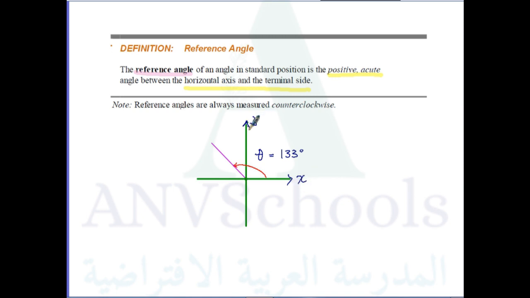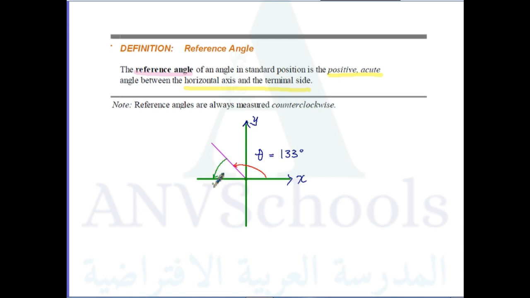So the reference angle is the positive acute angle. Remember that an angle is positive if it starts from the horizontal in a counterclockwise direction. Therefore, the reference angle would be here, up to here.